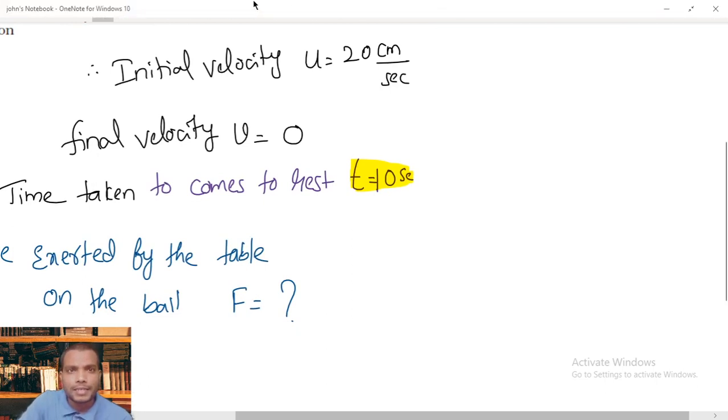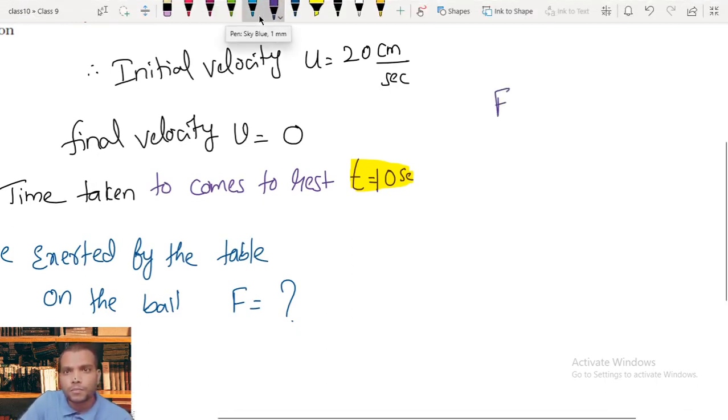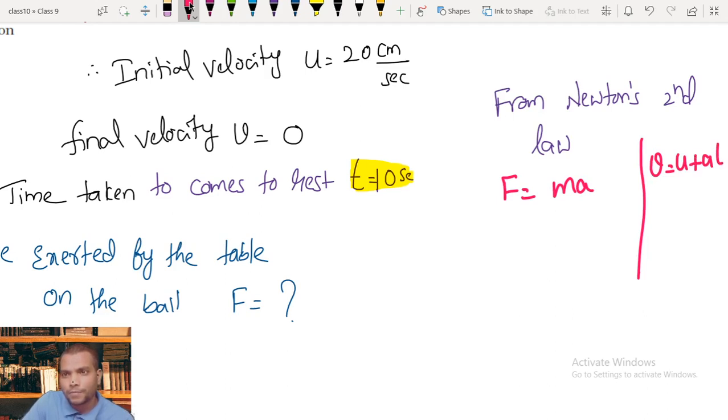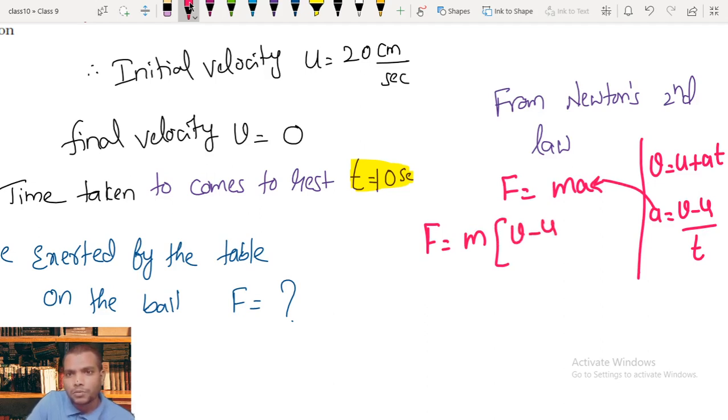Here the acceleration, from the first equation of motion, v equals u plus at, is a equals (v minus u) upon t. So we will substitute: F equals m times acceleration, that is, (v minus u) upon t.